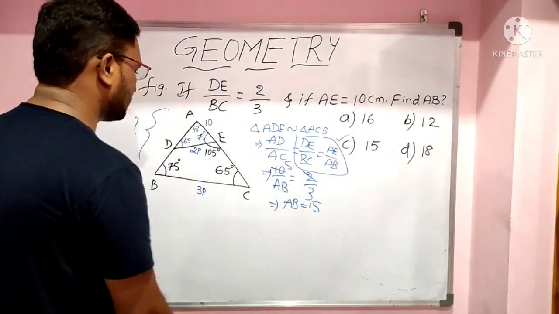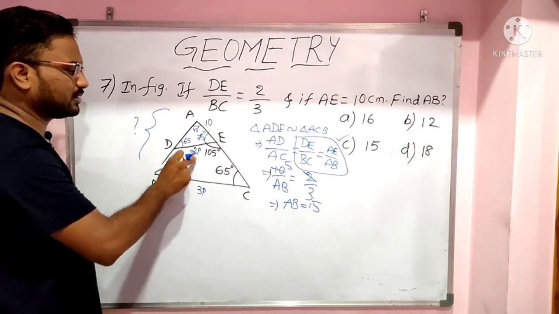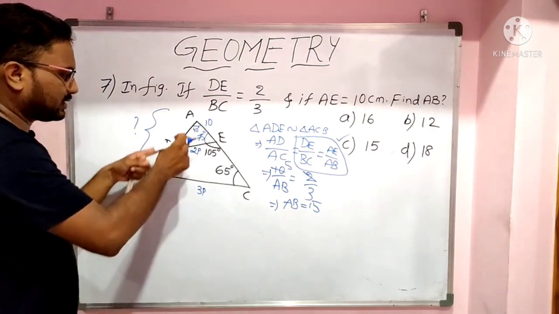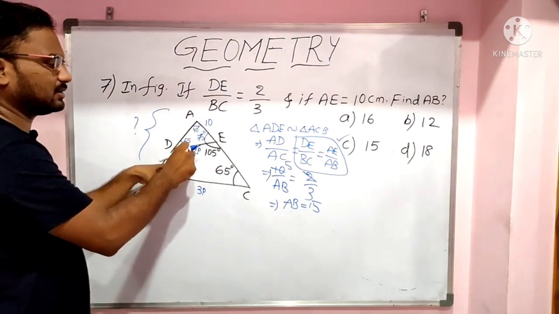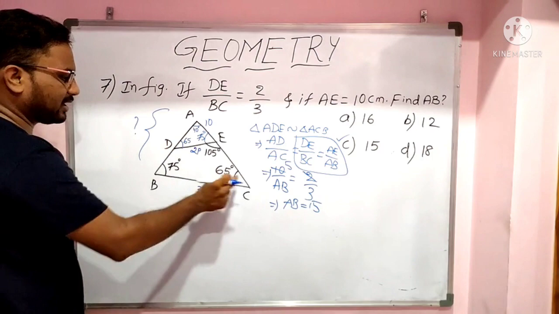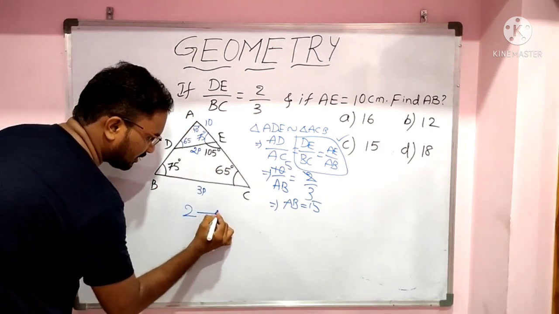If you want to do it in a faster way, if you observe these two triangles, we have proven these two triangles are similar. Here the side opposite to this angle in this triangle is 2 parts, and the side opposite to this angle in the bigger triangle is 3 parts. So in the smaller triangle 2 becomes 3 in the bigger triangle.